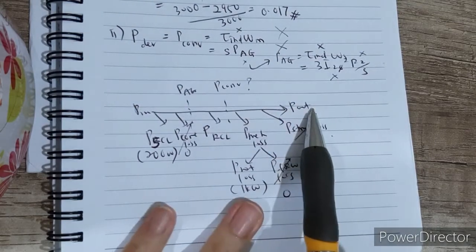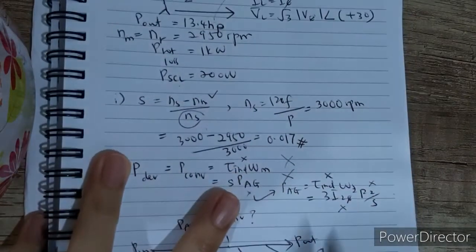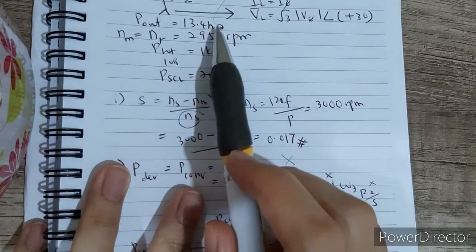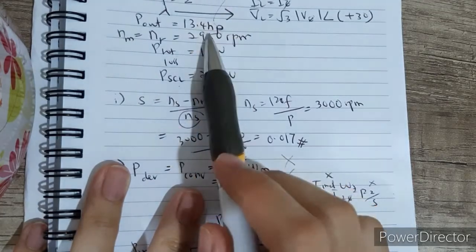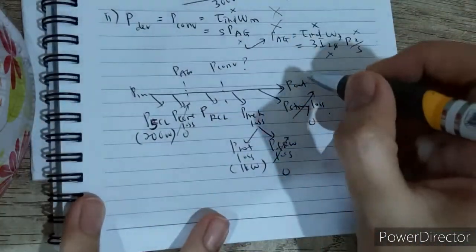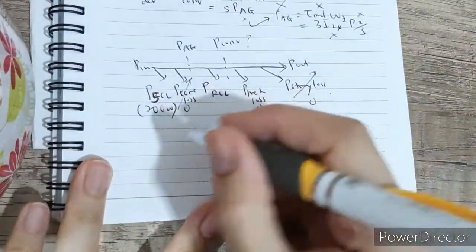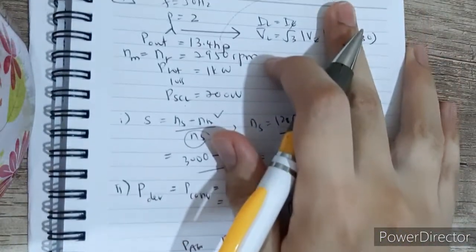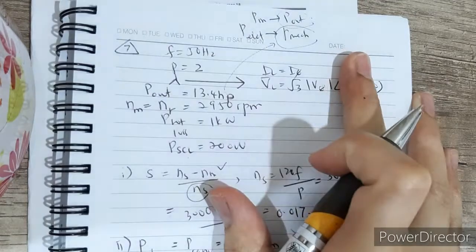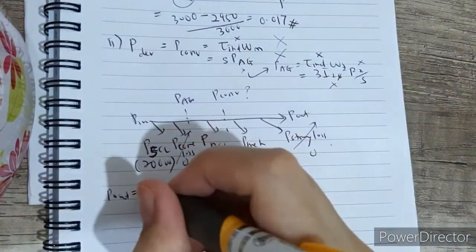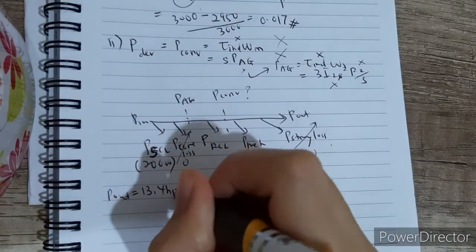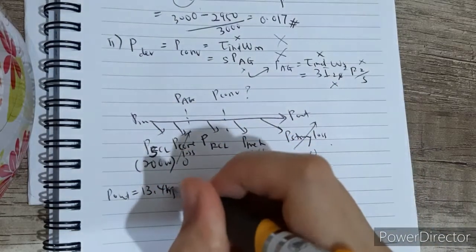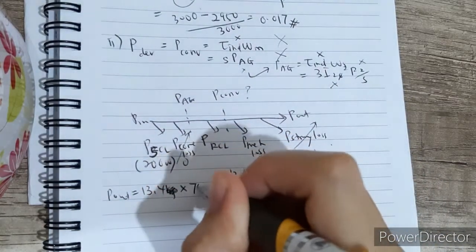Do we have P out? Yes, we have P out. At this condition, we just need to convert it into watts first. So P out equals 13.4 HP. If you want to convert it into watts, you need to multiply by 746.